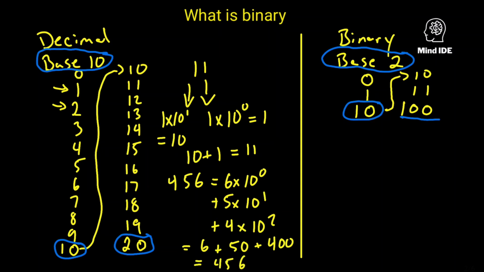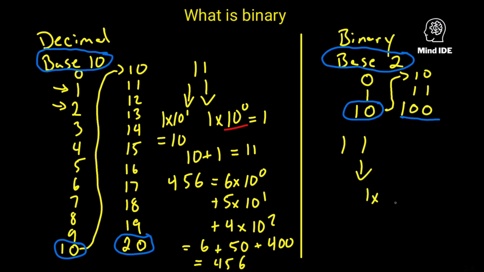So really base 10, base 2, it's the same thing. You just change your base that you have. Binary, it's the exact same thing, just your base is different.